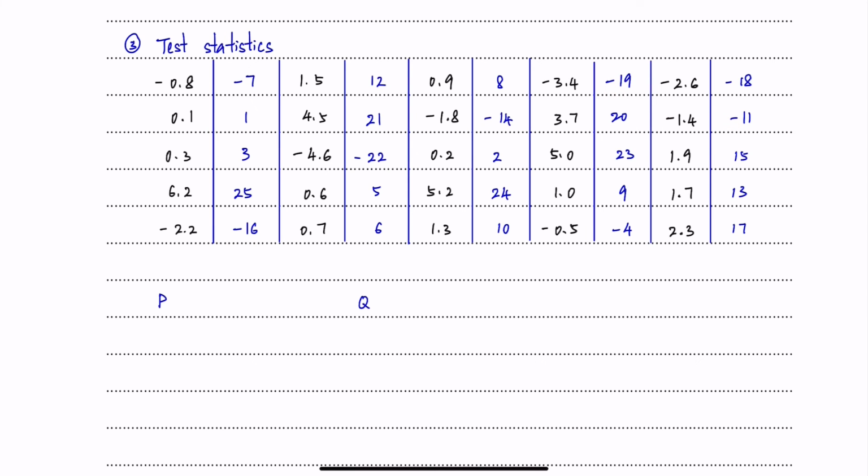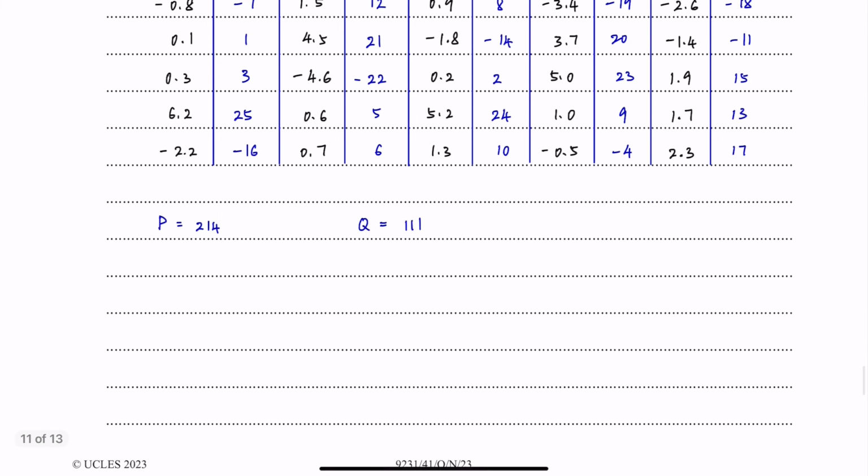Alright, so our p-value would be 214 and q-value would be 111, and our test statistic, the t-value, would be the smaller of p and q. So q in this case would be smaller, so t would be 111.